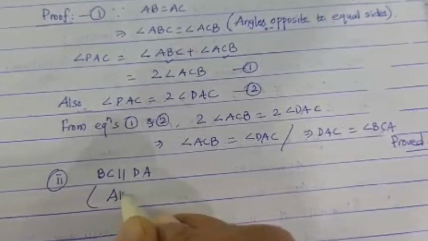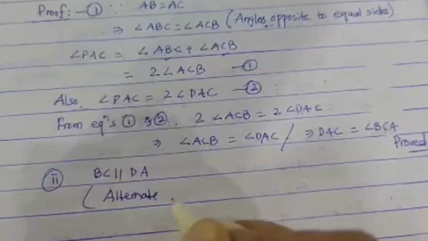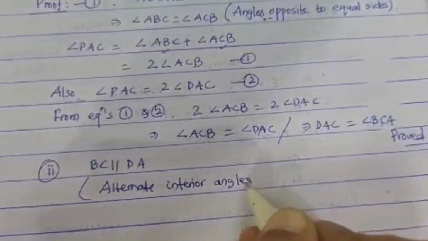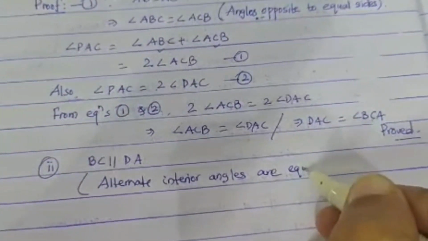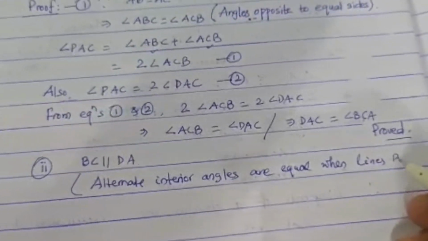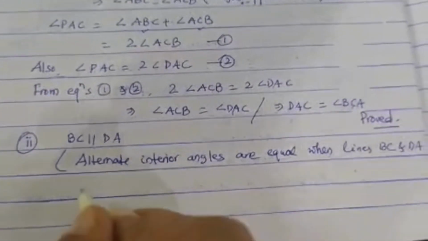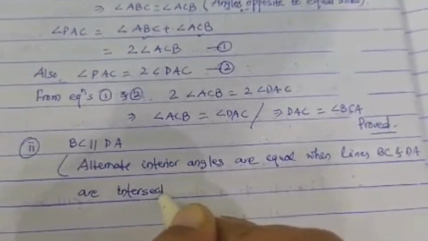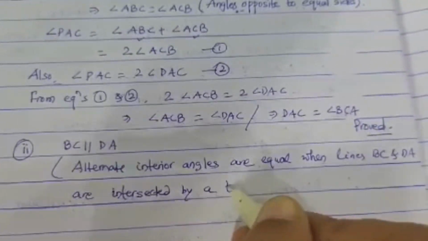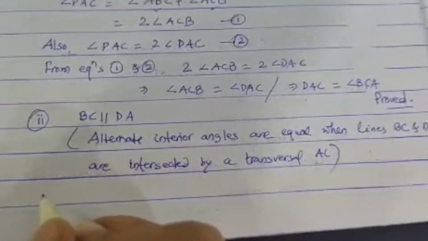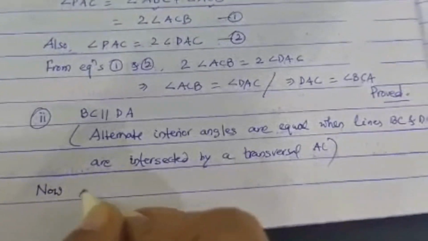Because alternate interior angles are equal when lines BC and DA are intersected by a transversal. And the transversal is AC.